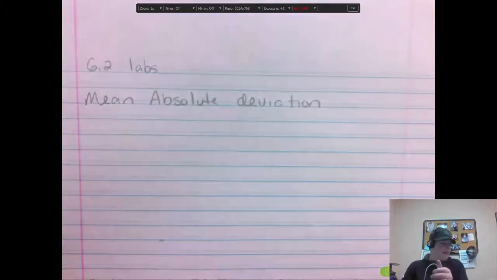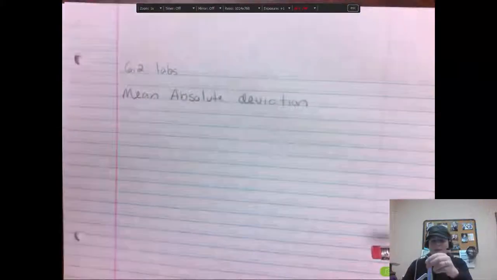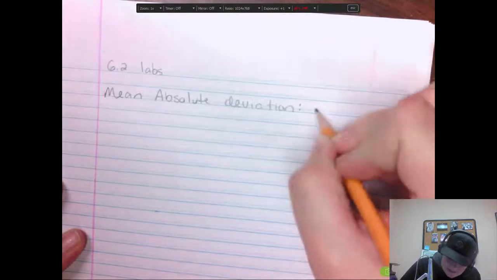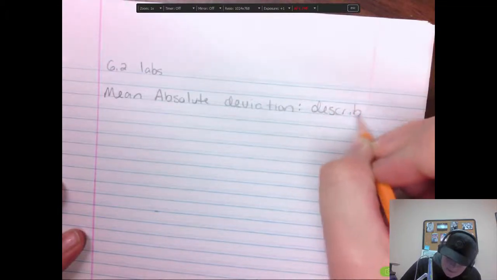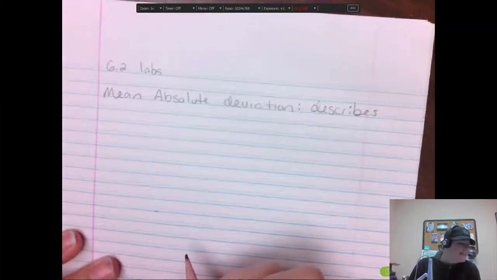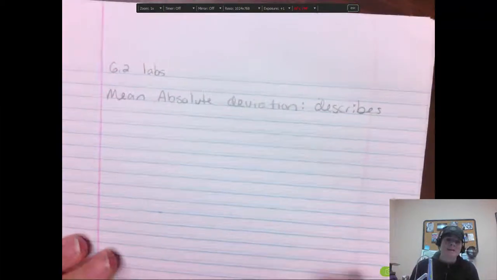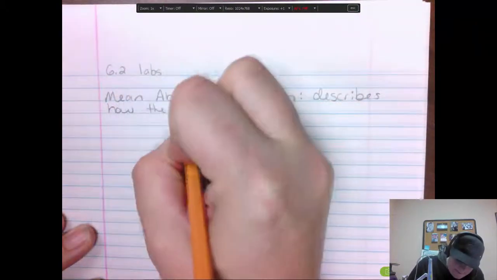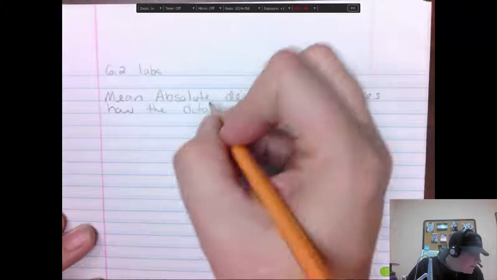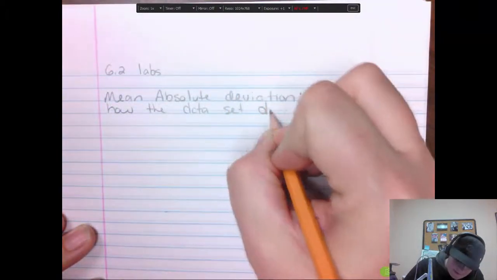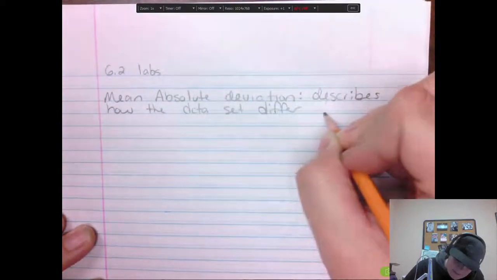And the idea, or what this does, is it describes how the values in the data set differ from the mean.